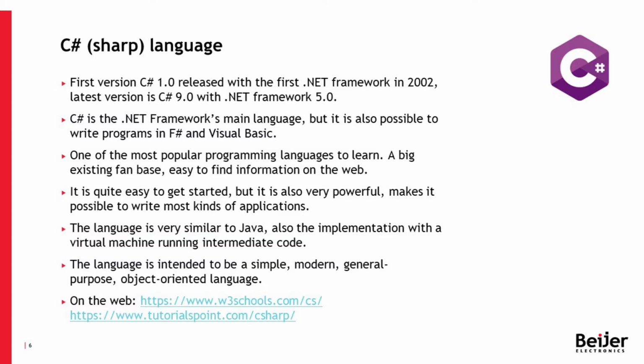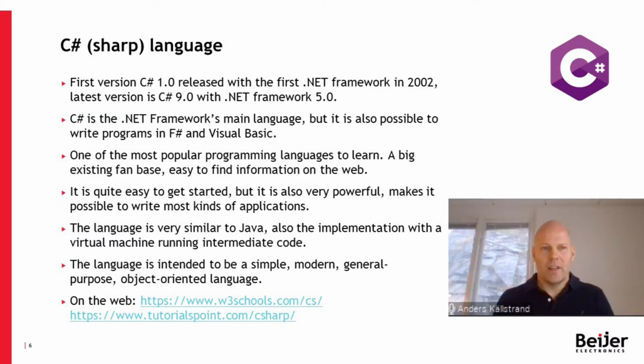Then if we go to the C# language, the hashtag is pronounced "sharp", so it's called C#. The first version was released with the first .NET framework in about 2002. The latest version, 9.0, is with the .NET framework 5.0.